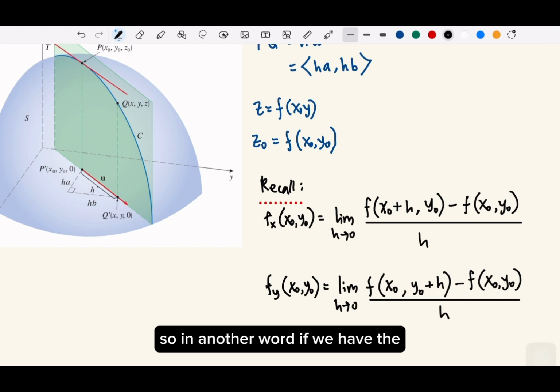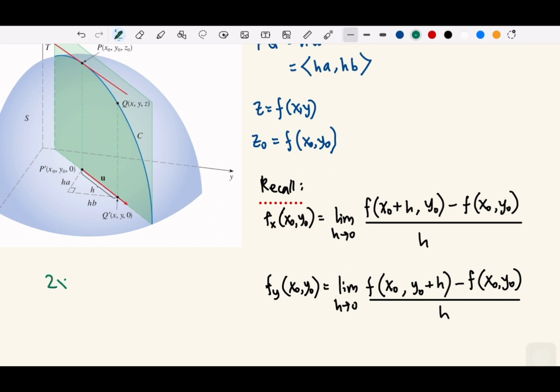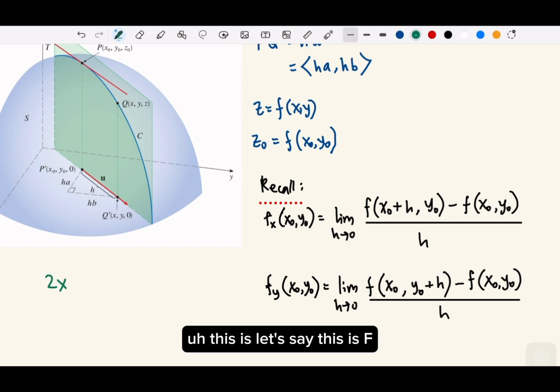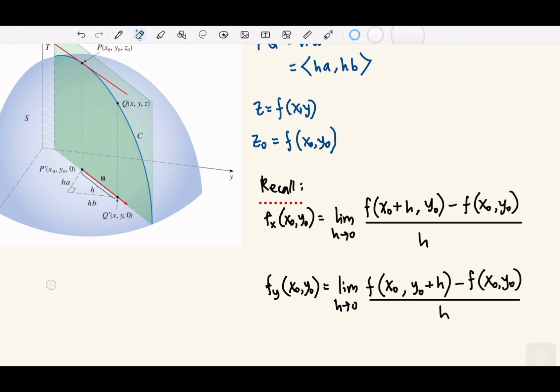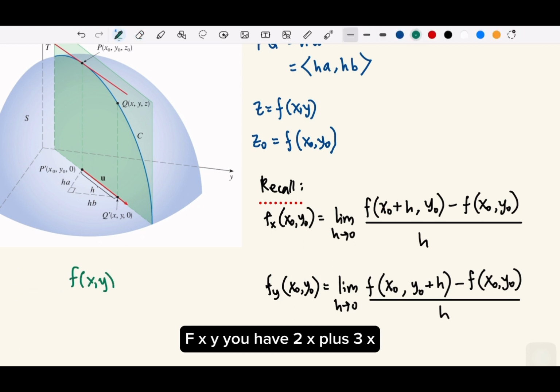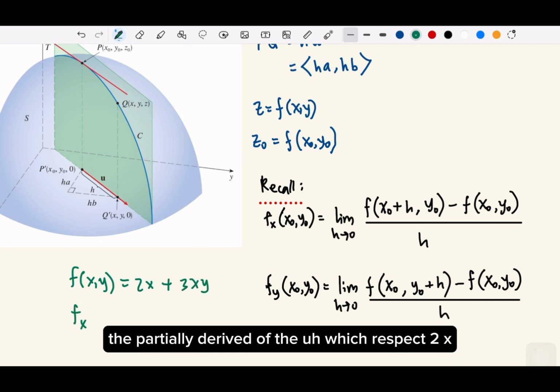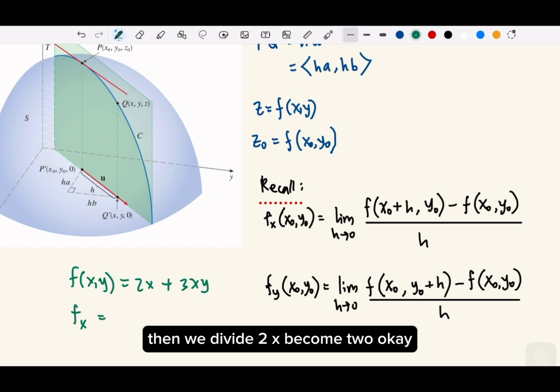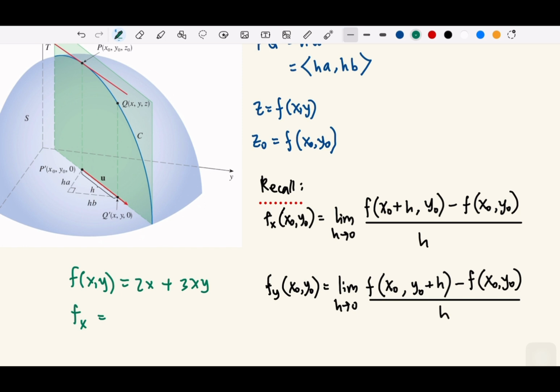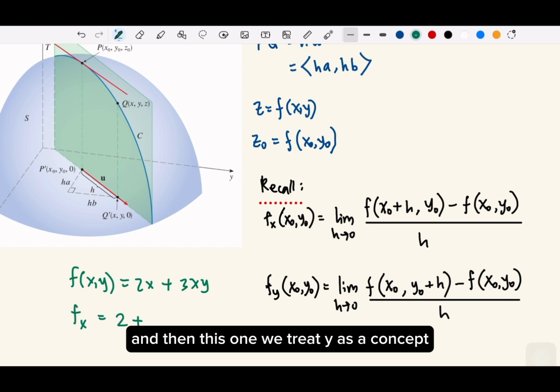So in other words, for example, let's say f(x, y) = 2x + 3xy, and you want to know the partial derivative with respect to x. Then 2x becomes 2, and for this one we treat y as a constant, so we just derive the 3x, so 3y.